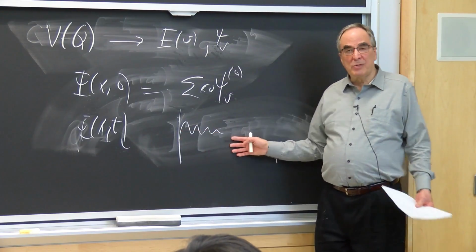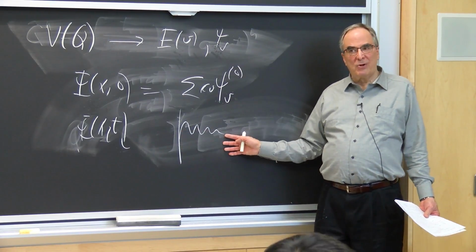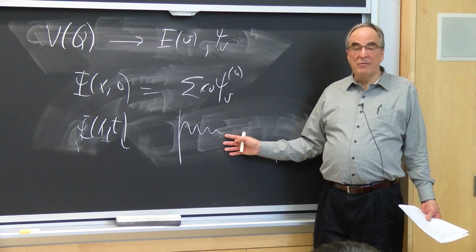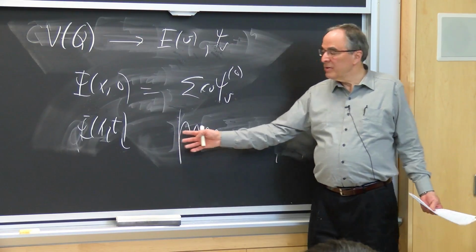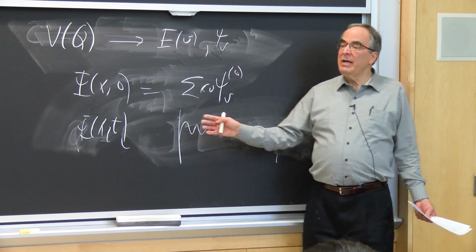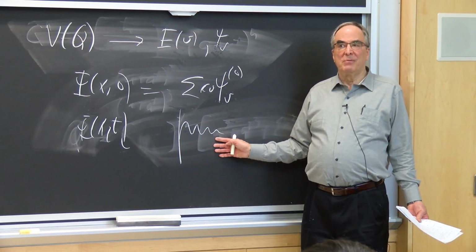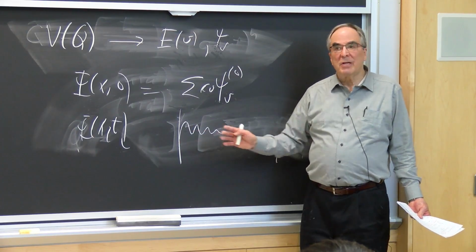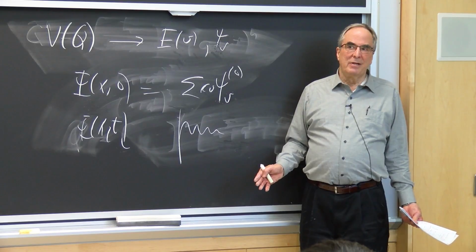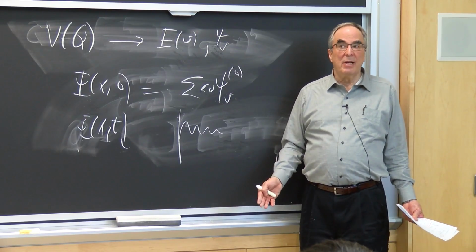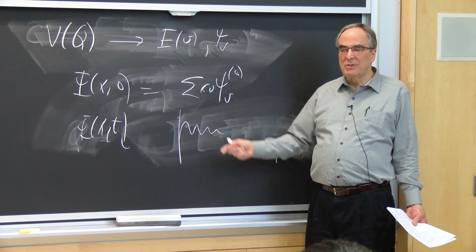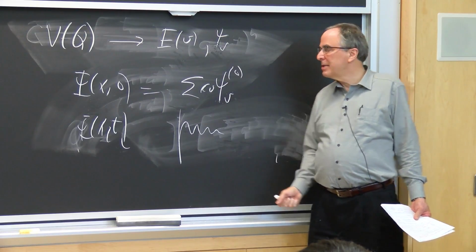So what frequencies will appear in the Fourier transform of the spectrum, and what are the amplitudes of those Fourier components? You can calculate all of that. It all comes from perturbation theory. These mixing coefficients you get by perturbation theory.